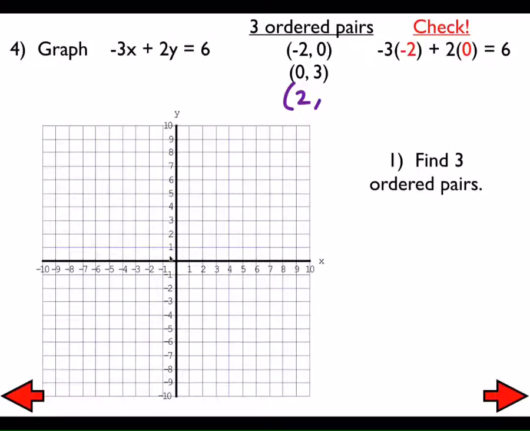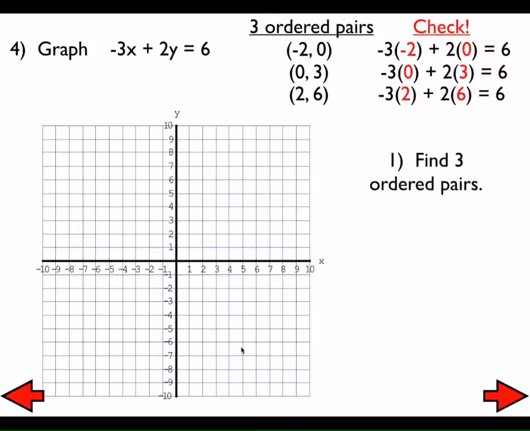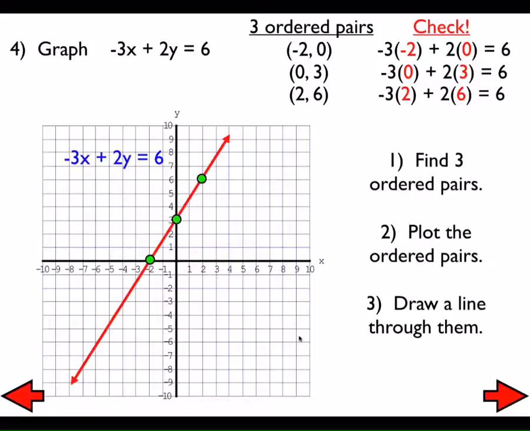Negative 3 times 2 is negative 6, plus something has to equal positive 6. Yeah, 6. Very good. This will be 2 comma 6, because negative 6 plus 12 gives me 6. Go ahead and plot it, draw your graph, and label it.